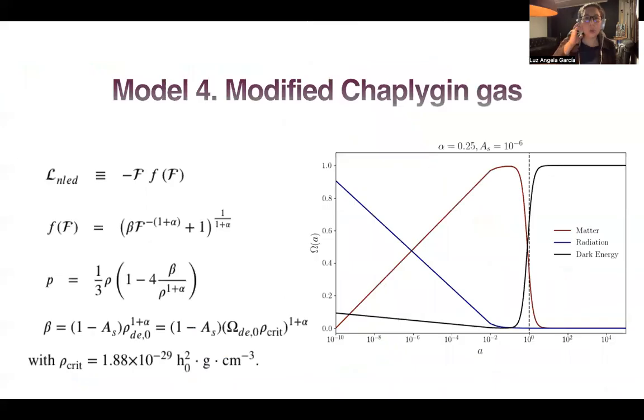Finally, we're exploring an additional model, a modified Chaplygin gas, which is assumed to be due to the existence of non-linear electrodynamics during radiation.